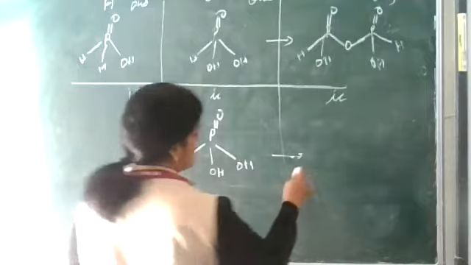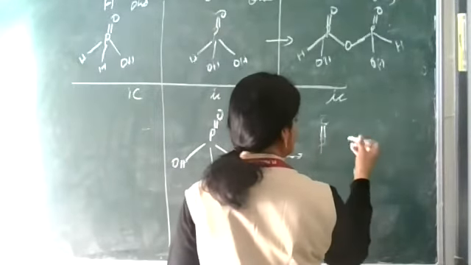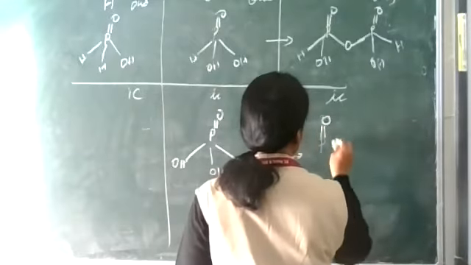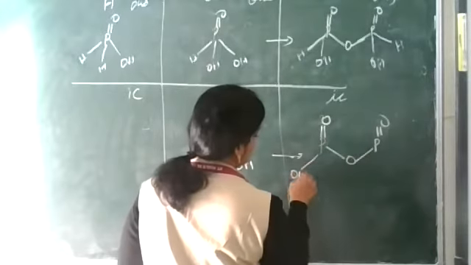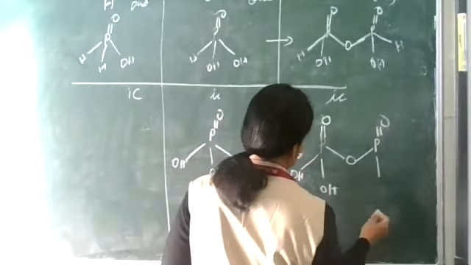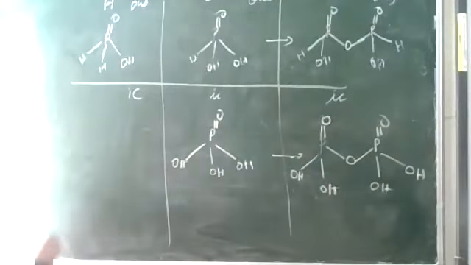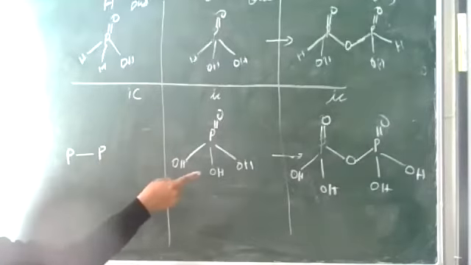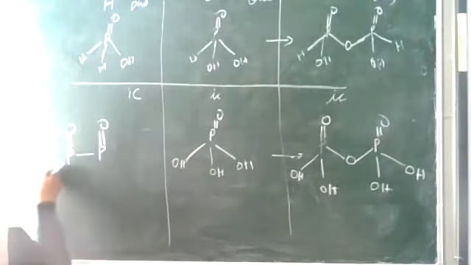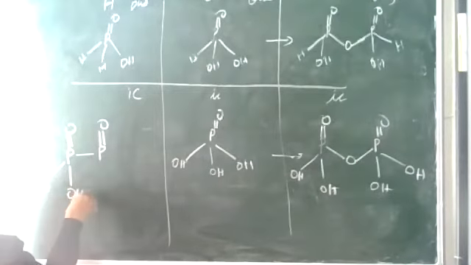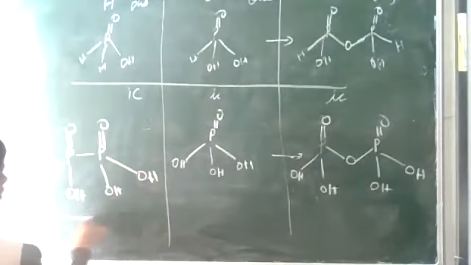From here we will be getting pyrophosphoric acid, that is P double bond O, POP, with OH on each side.